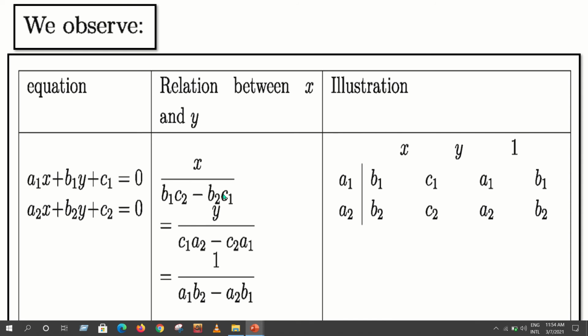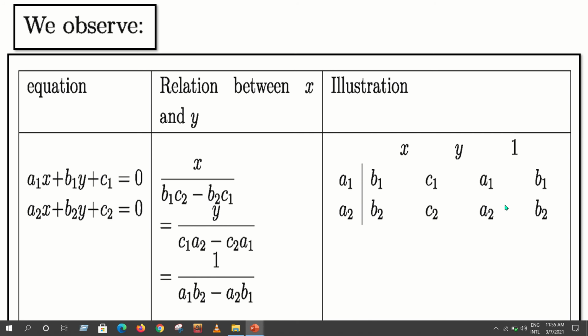But when we take this part, we have to take from above to below, then below to above. But when we take this part, at first we have to take from below to above, then above to below. Clear? And when we take the constant term, that means 1, we have to omit this part, and we have to take at first a1 b2 minus a2 b1. Okay, this is a technique.